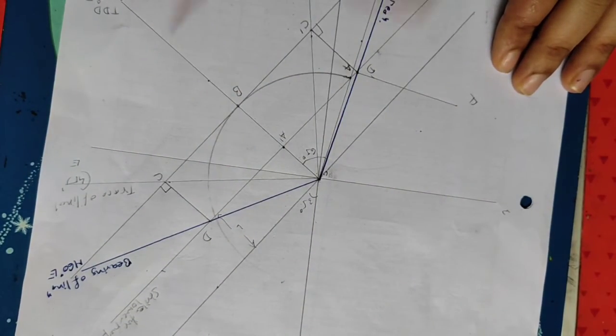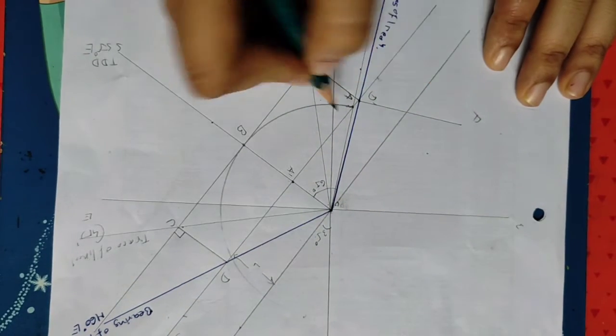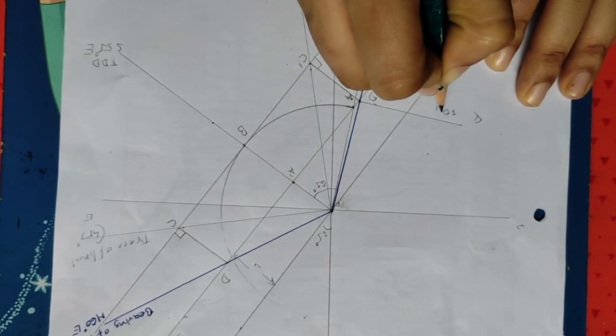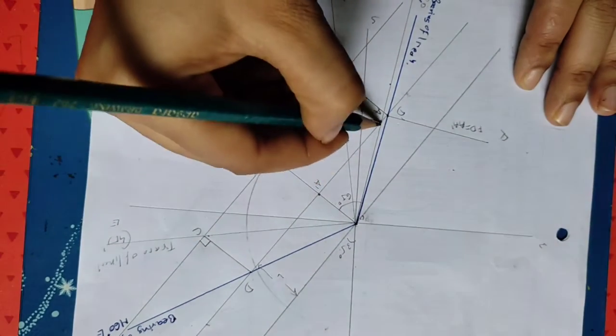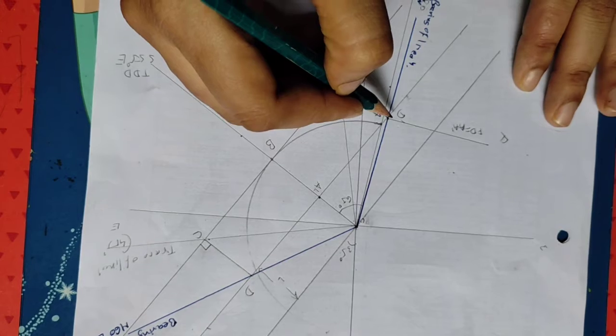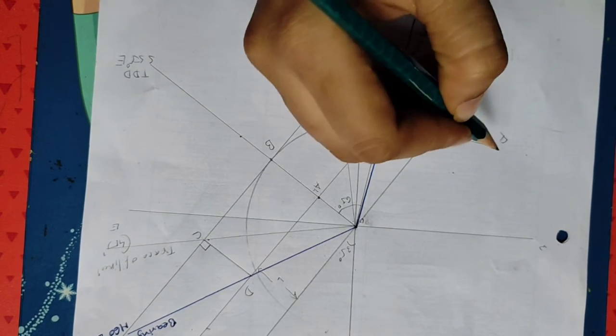So this F is a perpendicular on the bearing. So this FD is equal to A dash only. The distance A dash is the same distance we have taken as DF.